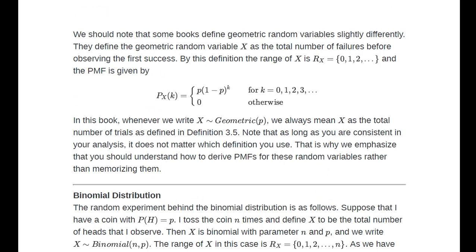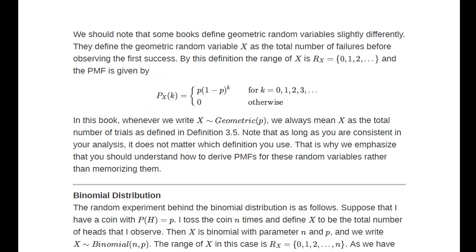We should know that some books define geometric random variables differently. They define the geometric random variable X as the total number of failures before observing the first success. By this definition, the range of X is R_X = 0, 1, 2, and so on, and the probability function is P_X(k) = p(1 - p)^k for k = 0, 1, 2, 3, and so on.